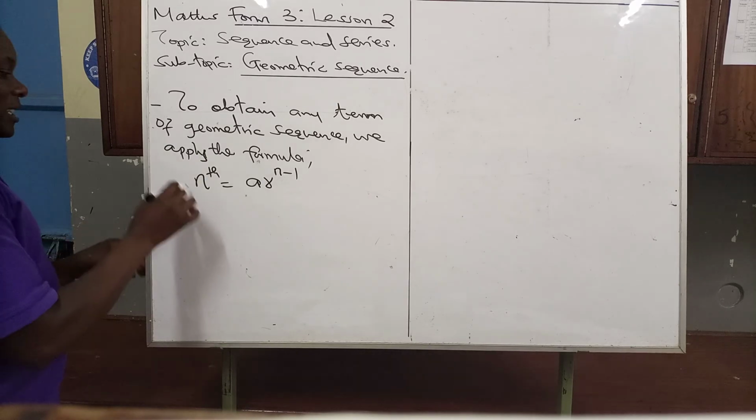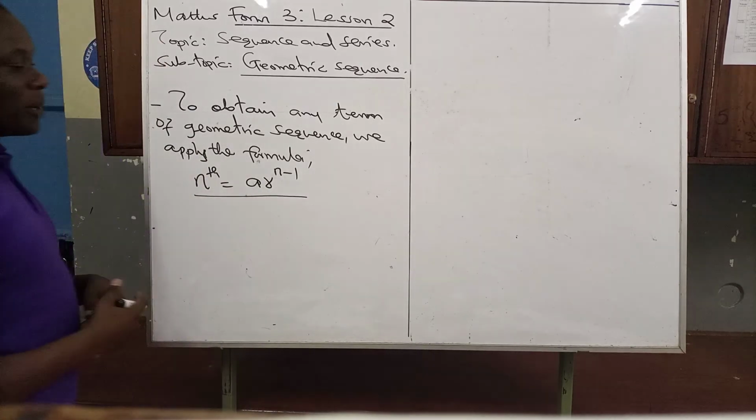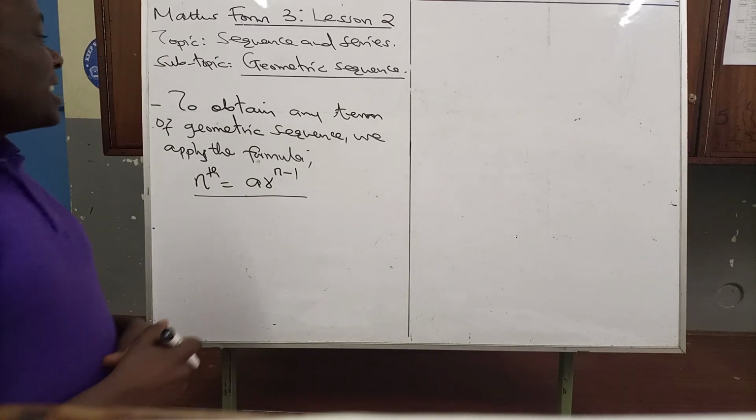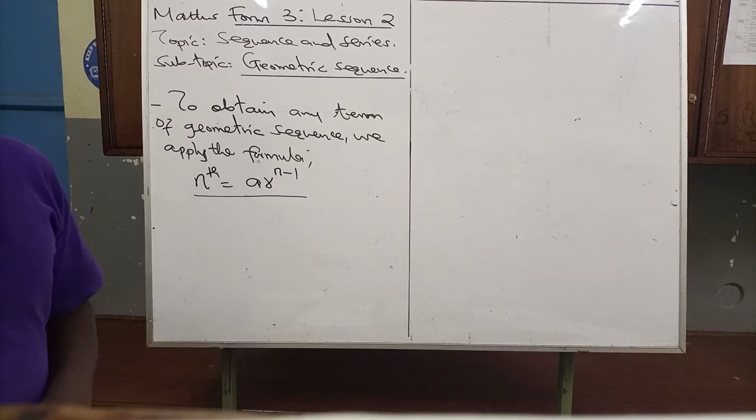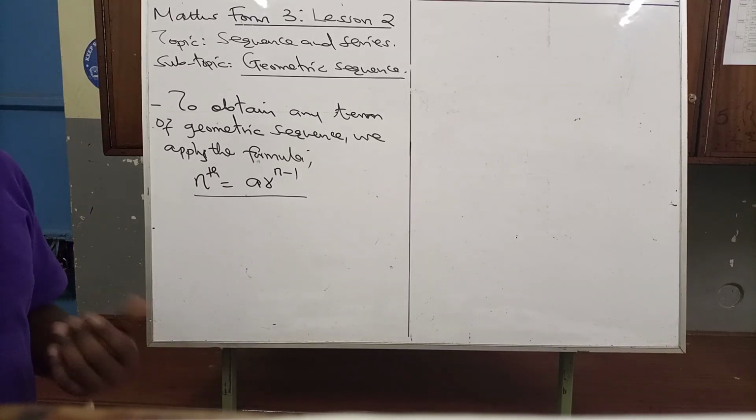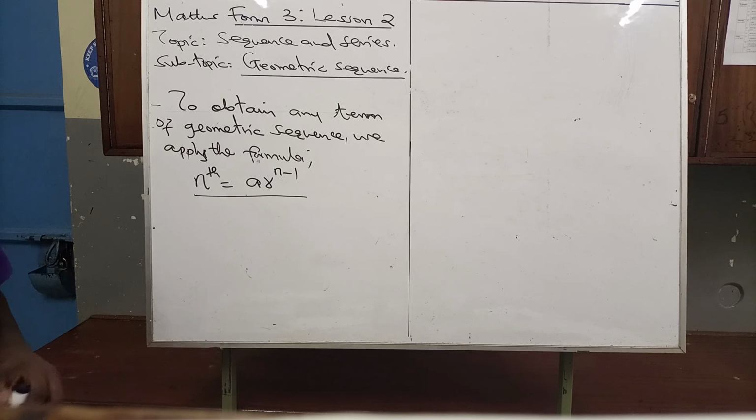So this is the formula that we will apply to find any given term of the geometric sequence. Once you have that particular formula, it is going to be so easy for us to obtain any given term of the sequence.